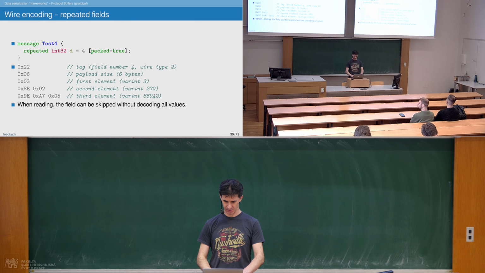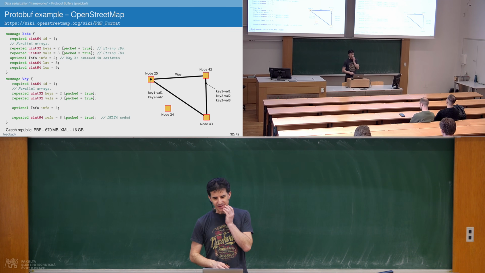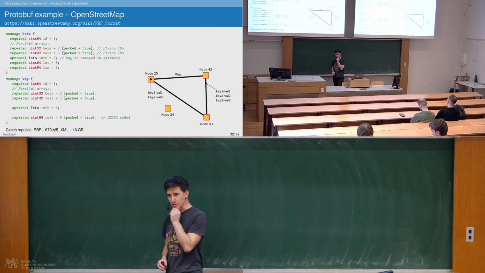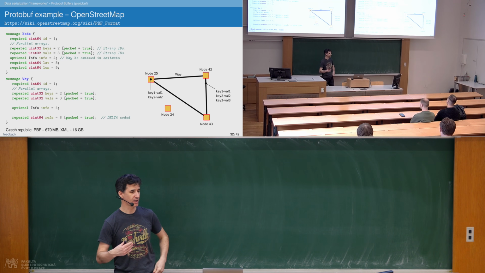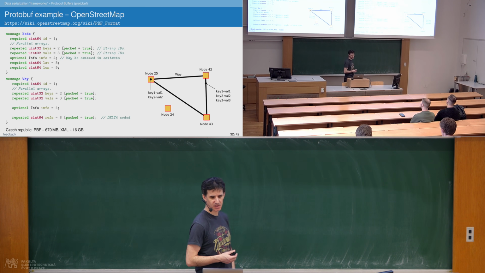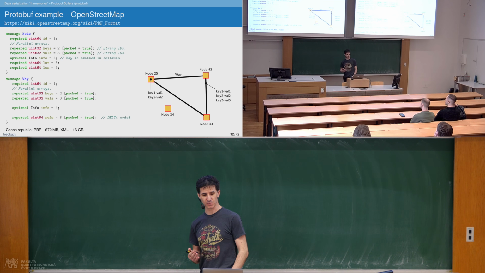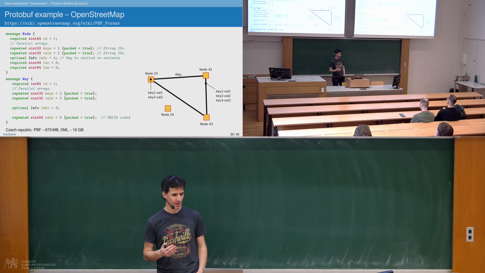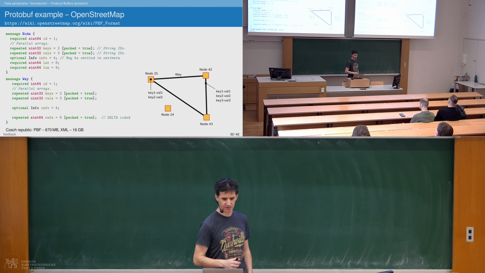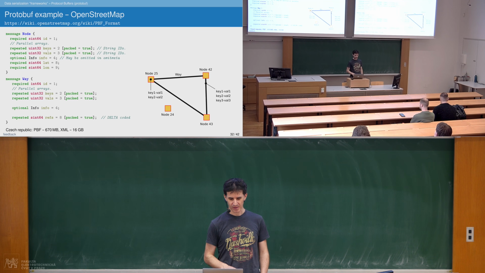I will show you an example here. If you have ever worked with OpenStreetMap, you can download the data from OpenStreetMap in various formats. One of those formats is also the protocol buffer format, and the other one, at least when I tried it, was XML.